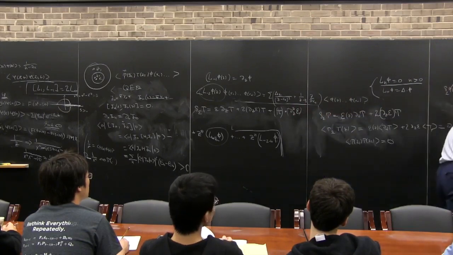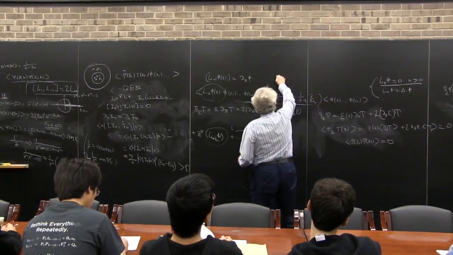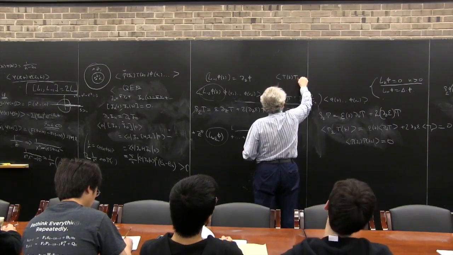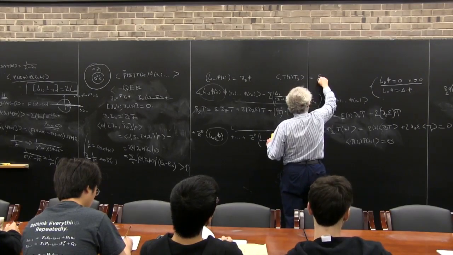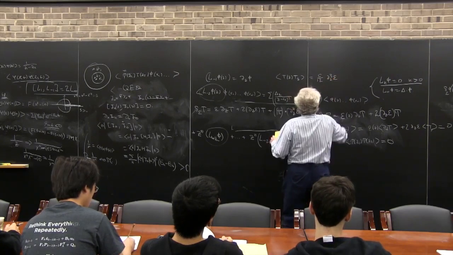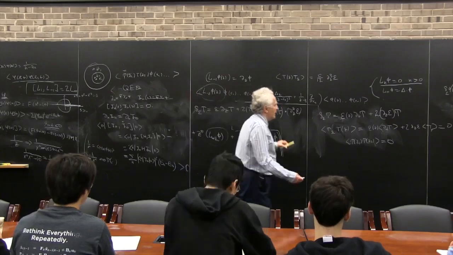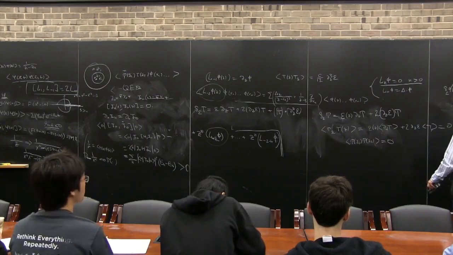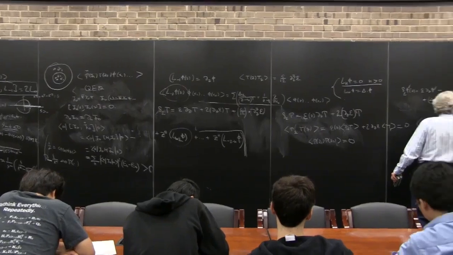And from this, and from the Ward identity, we immediately derive that the correlation function of T of z, T of u will be c divided by 2, z minus u to the 4th.